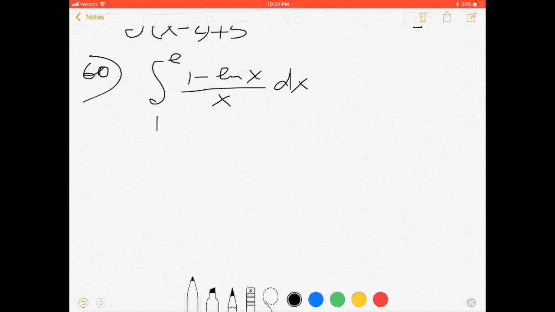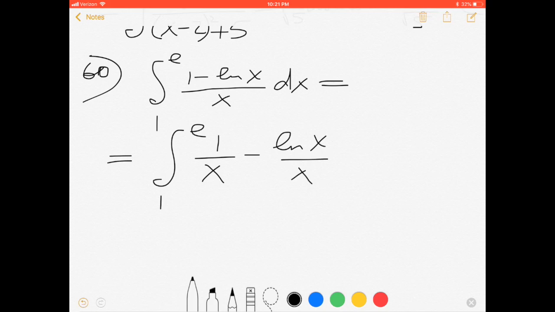You can separate into two fractions, or you can do a substitution right now. First I was thinking about separating, and no, separating is better. Integral from 1 to e of 1 over x minus natural log x over x dx.